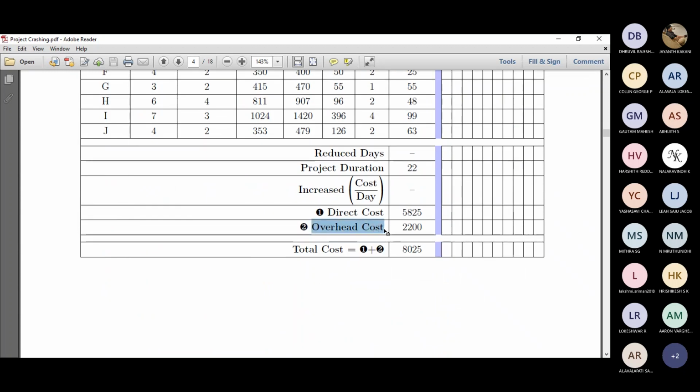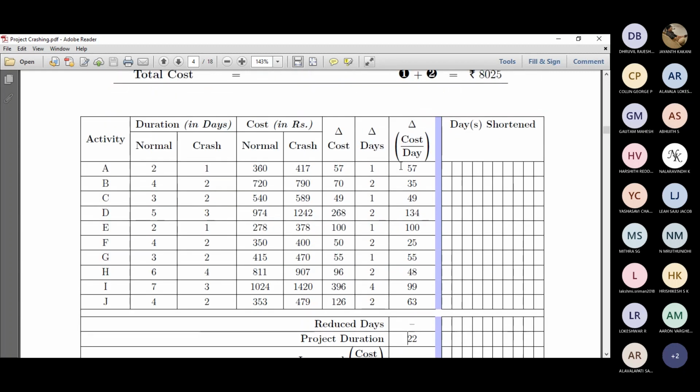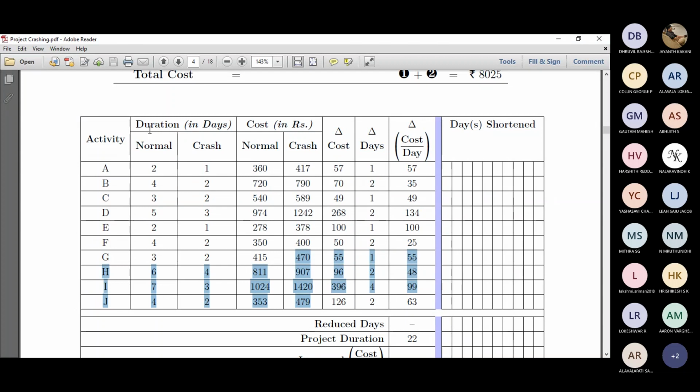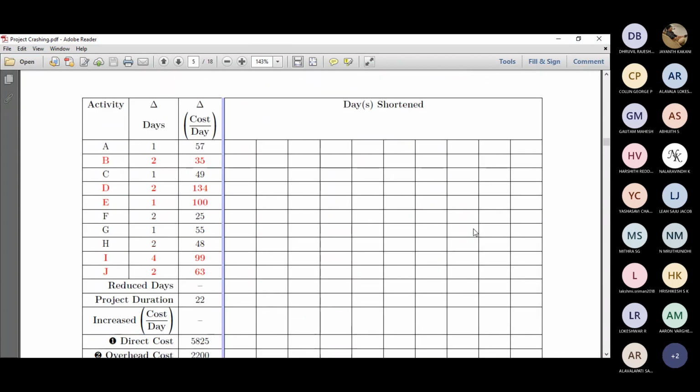The overhead charge, as I told you, is 22 multiplied by 100 per day, so it is 2200. Something like that. And the sum of these two things is called total cost, and this is total duration, or you can even give total project duration. Right? Then later on, we also found that during examination they don't have to really replicate this because that's there in the question. So we further condensed this table into this, right?